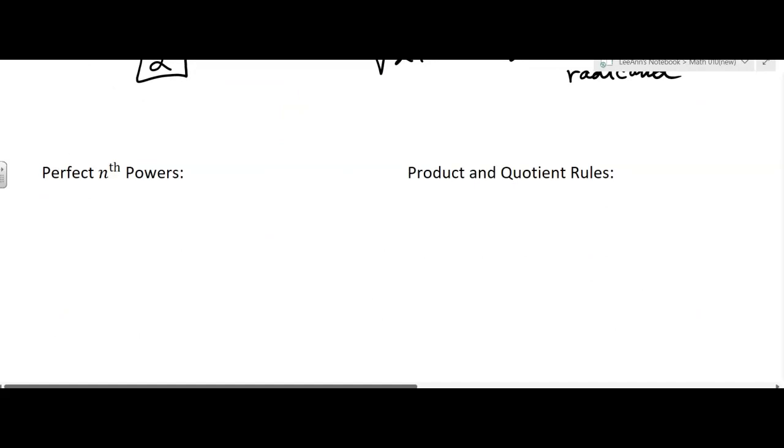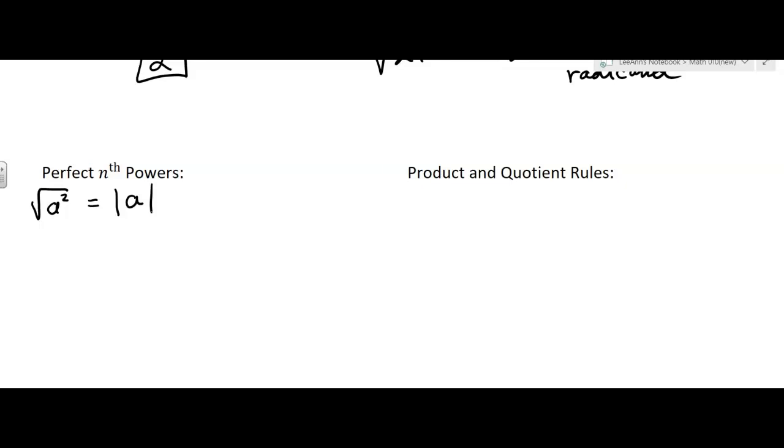Okay, so remember back when we were doing square roots, we said, well, if I have the square root of a squared, we said we have to say that's equal to the absolute value of a. We're not changing that. That's still true. But it's different when you have other powers.